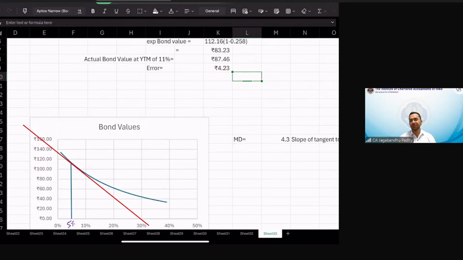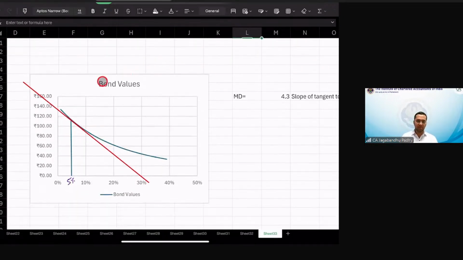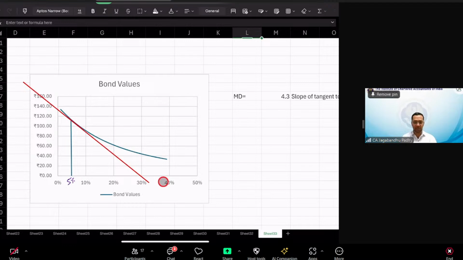Are we all clear? For a simple reason, the bond value is a curvature, whereas the modified duration assumes it to be a straight line. And therefore, you see the gap between them.